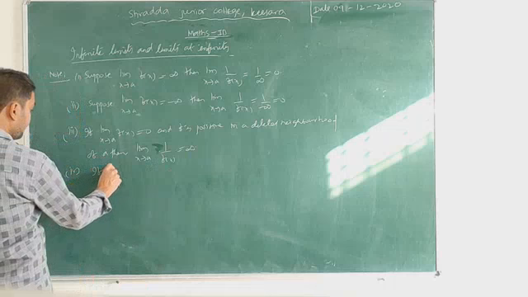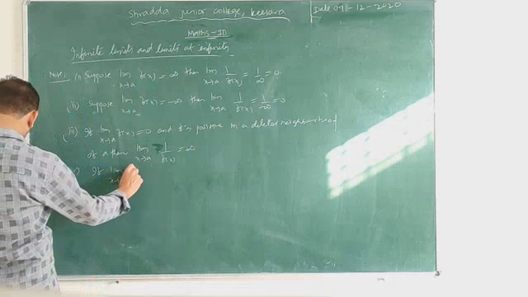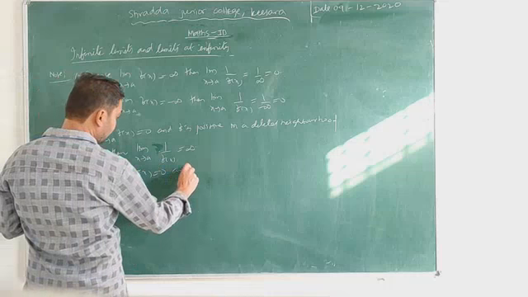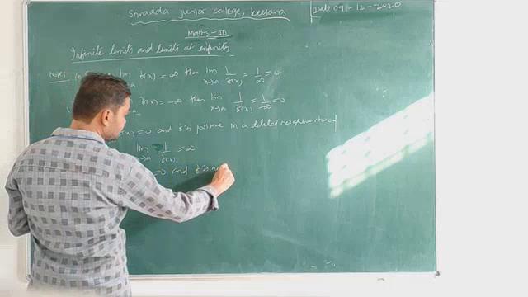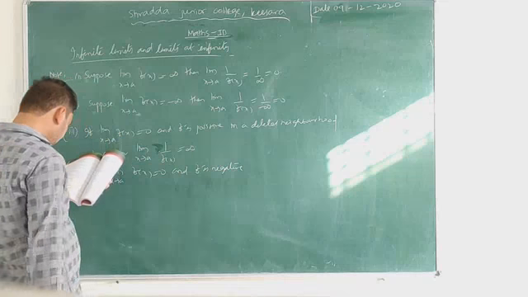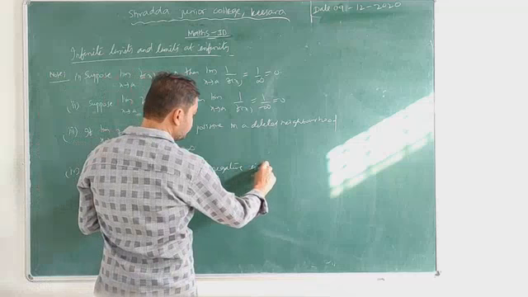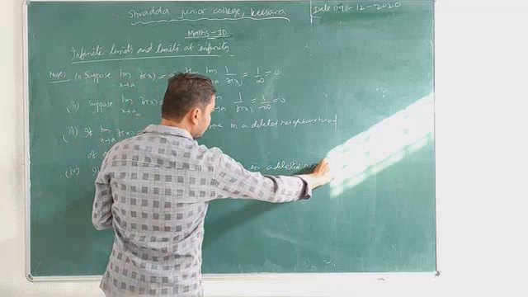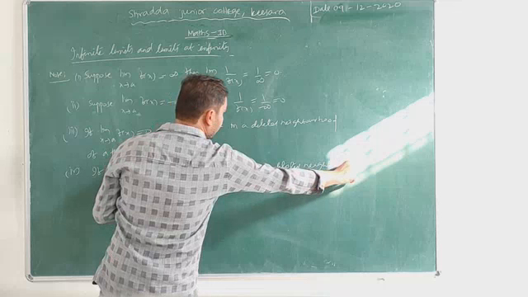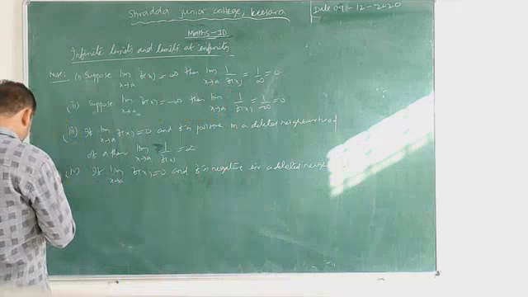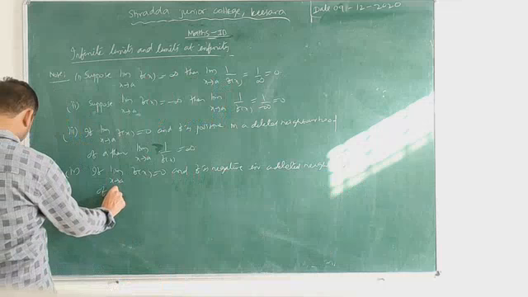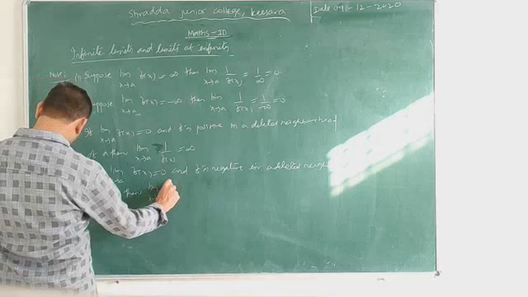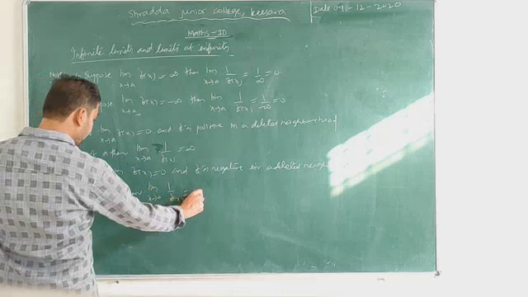Next one: if limit x tends to a, f of x equals 0 and f is negative in a deleted neighborhood of a, then limit x tends to a, 1 by f of x equals what?